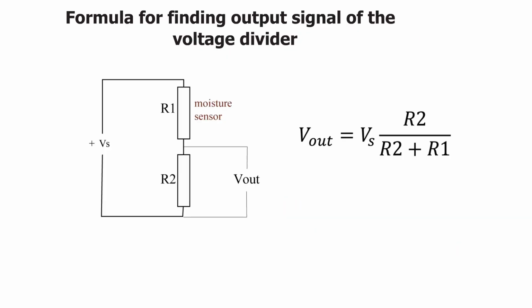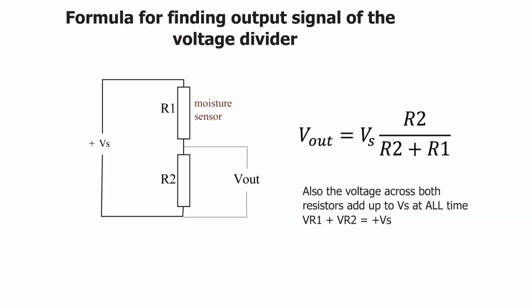And there we have our formula for working out our voltage output, our signal. And that is V out equals the voltage of the source multiplied by R2 divided by R2 plus R1. That follows directly from Ohm's law. But this is the way we write it when we're discussing electronic input devices that are formed by voltage dividers.